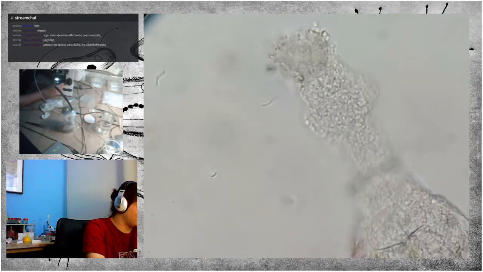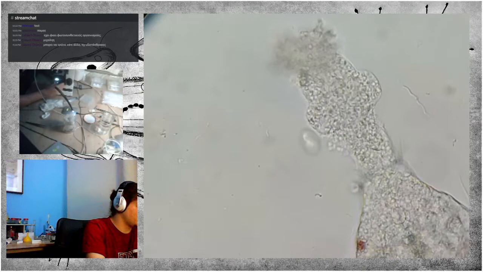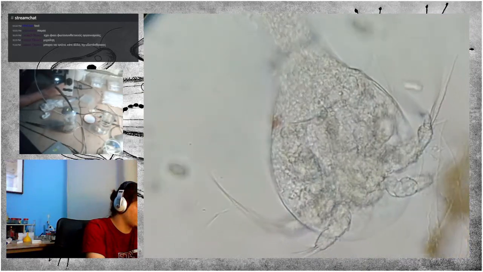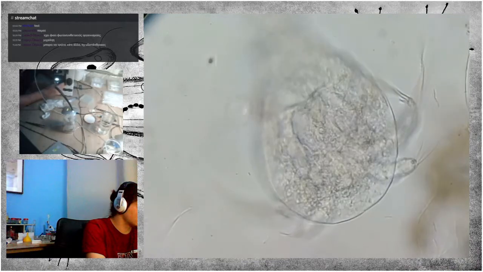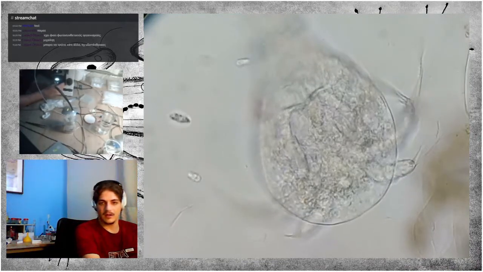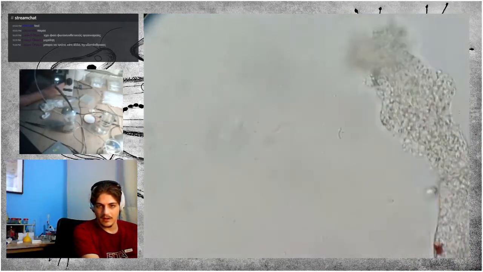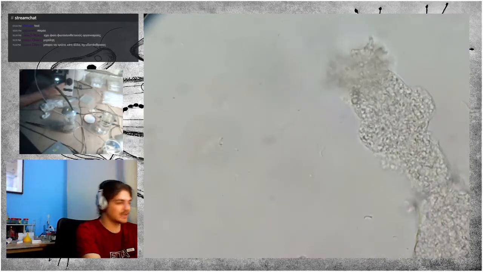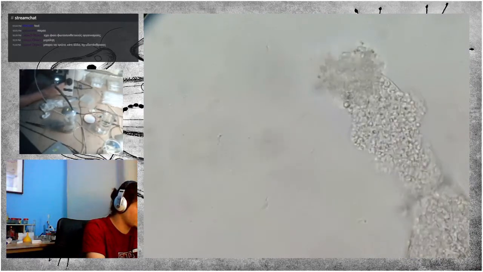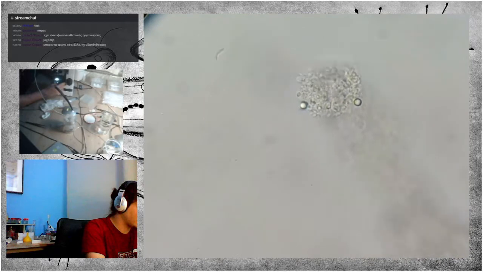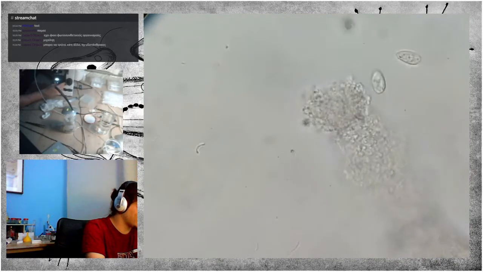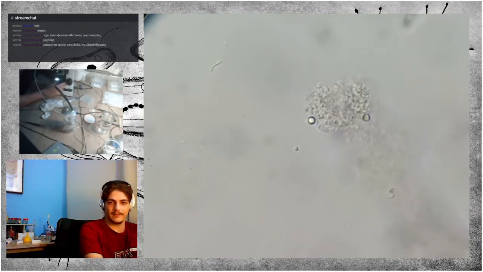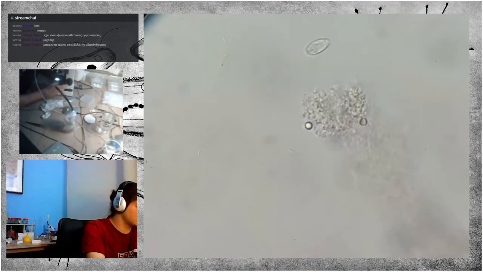Those are probably small ciliates, maybe, and they are all over inside the copepod. You can see them here. But this is a large infection. Those two bubbles, or whatever they are, I don't know what they are. The small spheres.